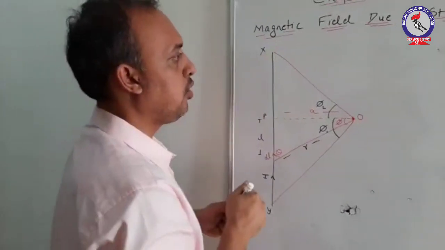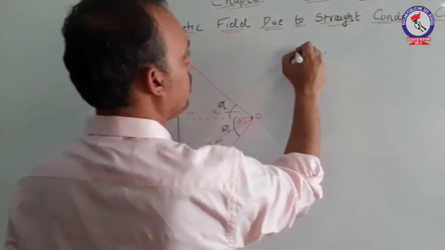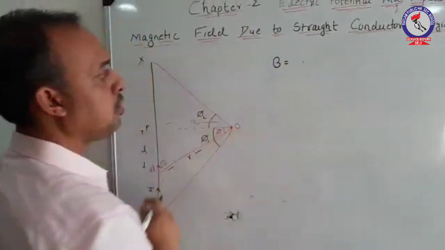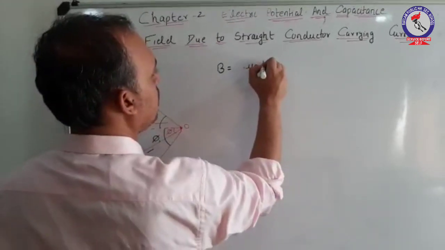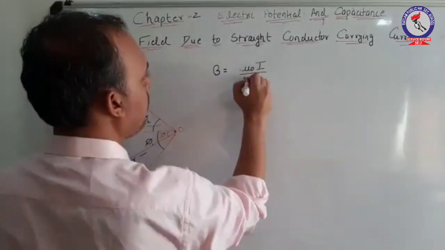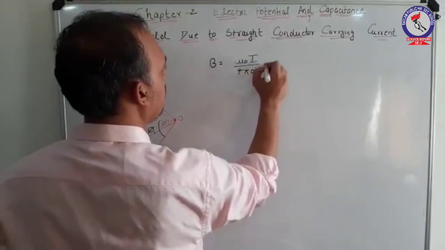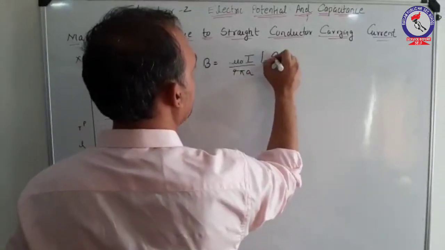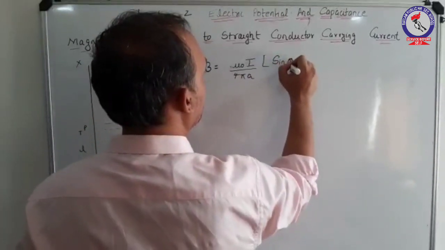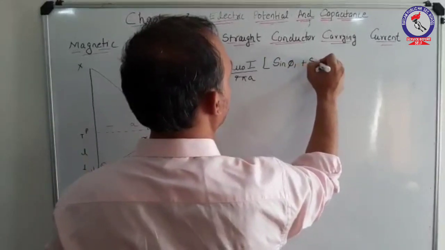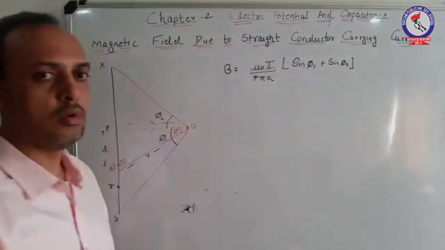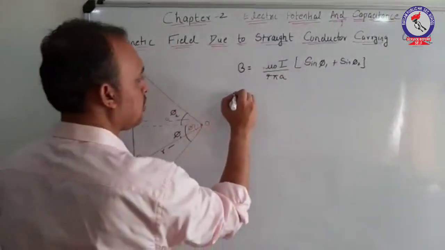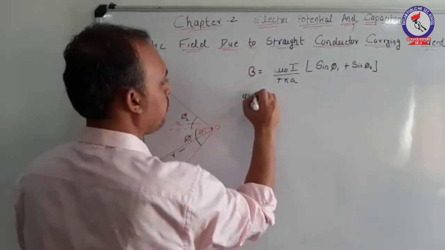According to Biot-Savart law, the magnitude of field due to this straight conductor is given as mu naught I upon 4 pi a, sin phi 1 plus sin phi 2.